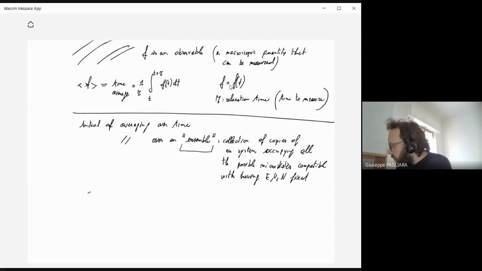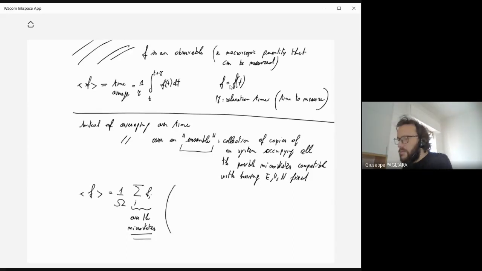So this average now will be substituted by an ensemble average, which is 1 over omega, which counts the number of microstates compatible with E, V and N fixed. And here you have a sum of f_i, where this sum is a sum over the microstates. Now here there is a hidden hypothesis, which will be important for the rest, and I will come back to it afterwards.